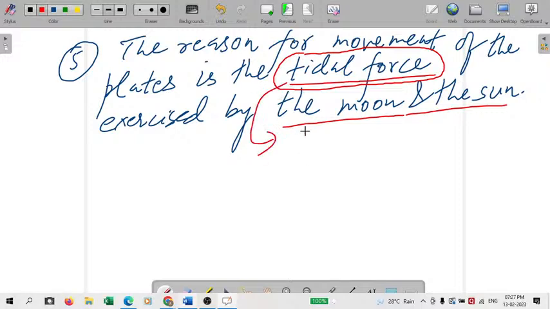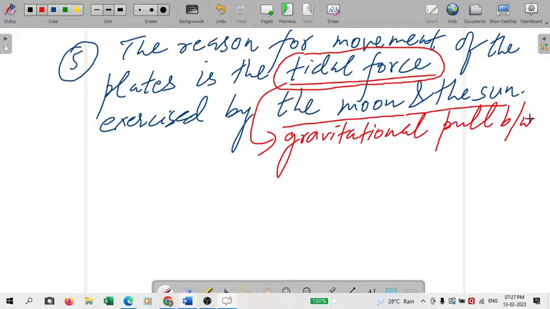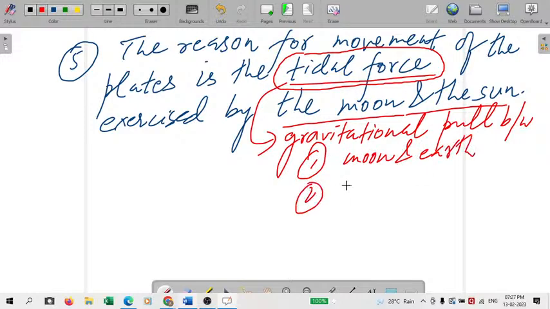The force which is generated because of gravitational pull between number 1, moon and earth, right? And number 2, sun and earth. Gravitational pull between moon and earth as well as sun and earth.